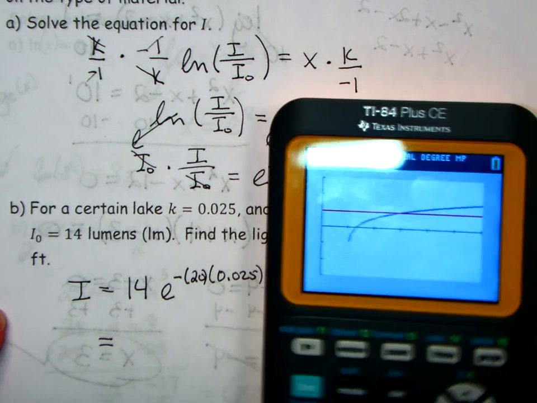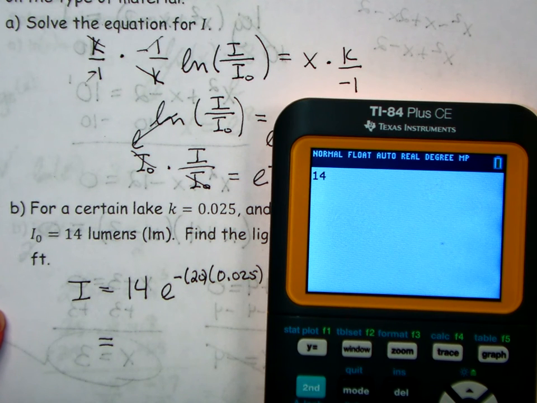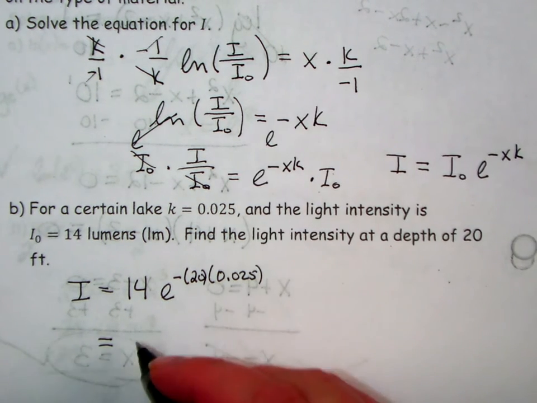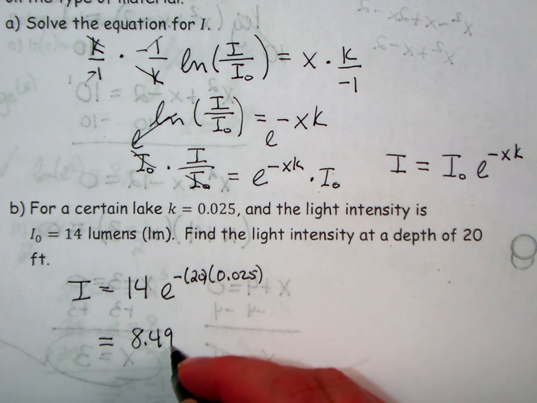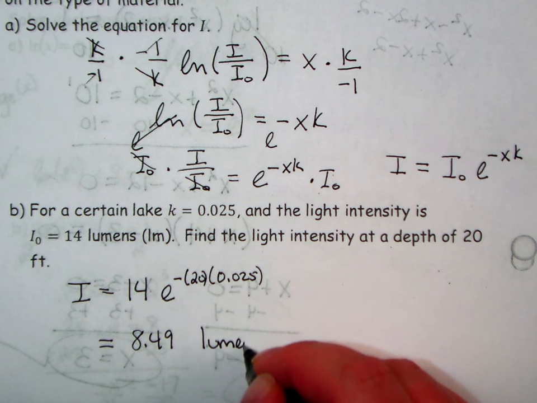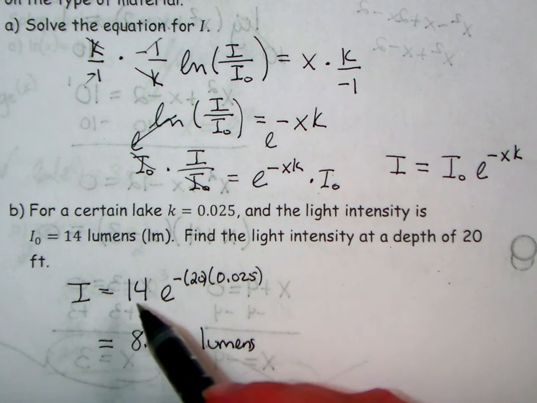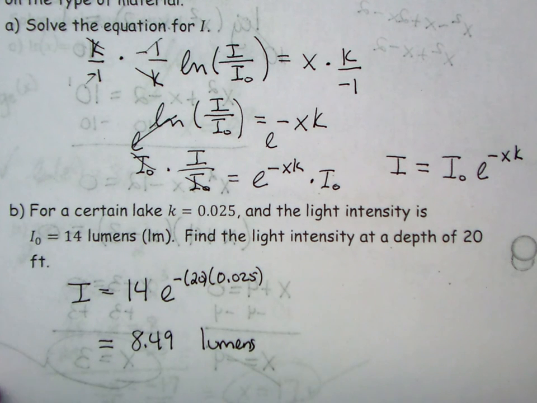I get 14e to the negative 20 times 0.025, which equals 8.49. So I is the intensity of light, and the units here are lumens. After passing through 20 feet, the intensity of light is almost half. It went from 14 lumens to 8.49 lumens.